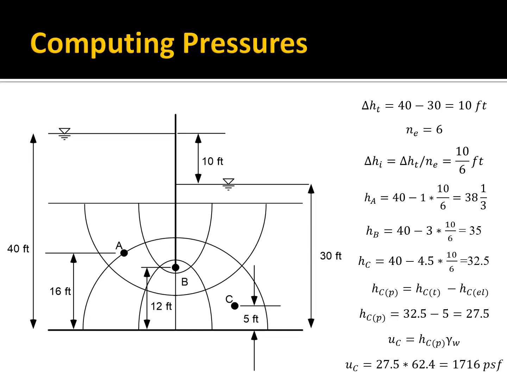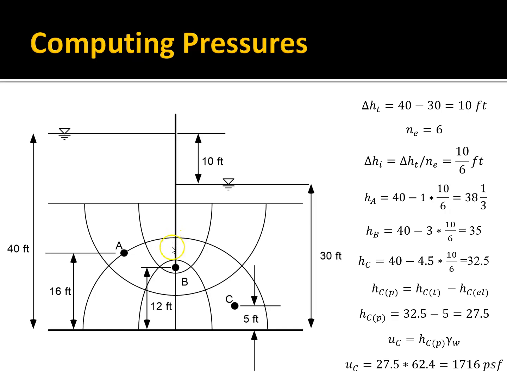So there are a lot of things that we can interpret from this flow net. Another thing that people use these a lot for is to look at the hydraulic gradient. And the hydraulic gradient is the head loss, the change in head, divided by the length of flow. So if you're looking right next to the sheet pile, if you measured that distance and took your equipotential drop divided by that length, that would be the average hydraulic gradient there.